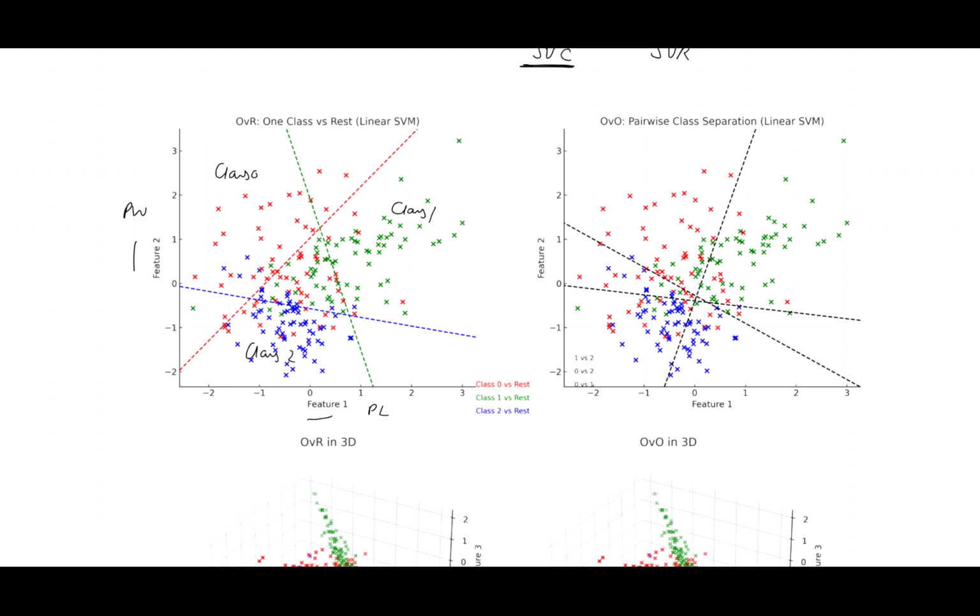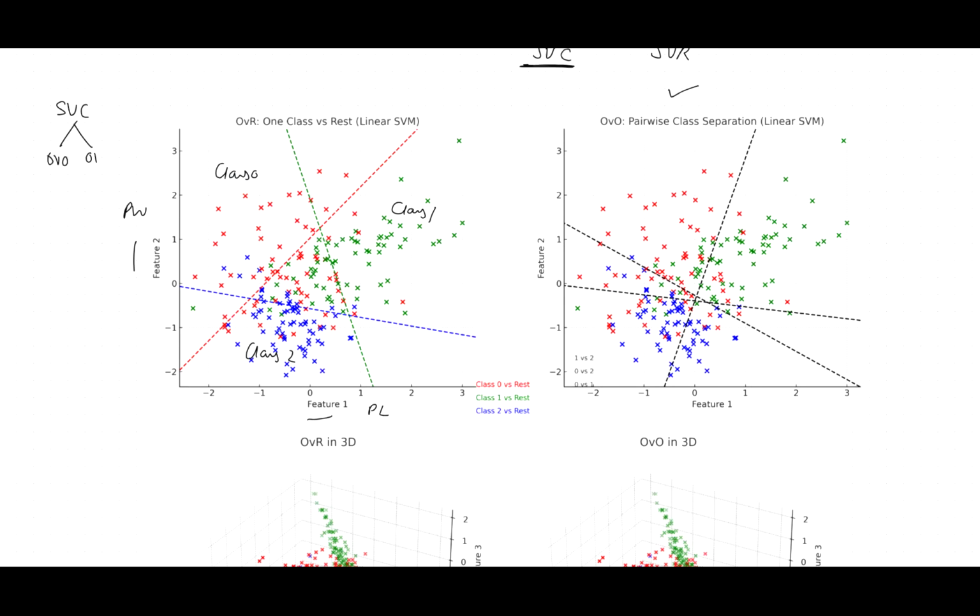Now when you apply the SVC model from the SVM, it will classify or separate the classes automatically, because at the back end SVC works based on two strategies, OVO and OVR.